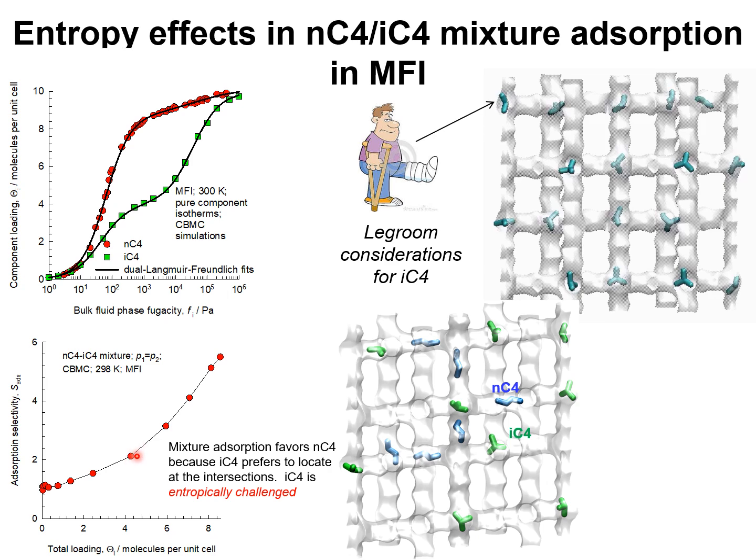And the selectivity increases significantly in favor of normal butane as the total loading increases. So the entropy effects explain why the isobutane component permeance in the mixture is lower than the unary permeance as measured experimentally.